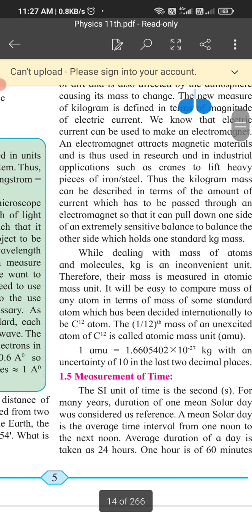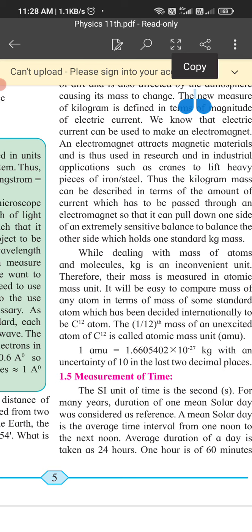Then measurement of time. The SI unit of time is the second. For many years, the duration of one mean solar day was considered as a reference. A mean solar day is the average time interval from one noon to the next noon, the average duration of the day.